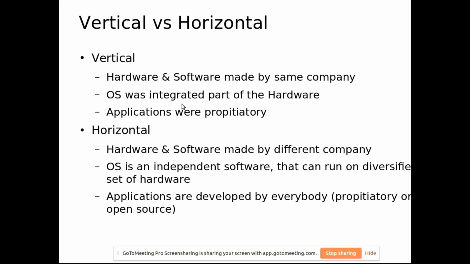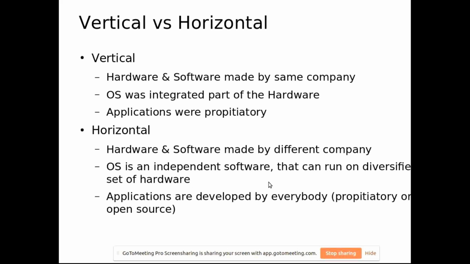So we had to take the hardware and the interfaces of the same company, right? In the horizontal approach, hardware and software are made by different companies. That increased the selling market of interfaces. So we have different companies' hardware that can interface with each other through some layers.